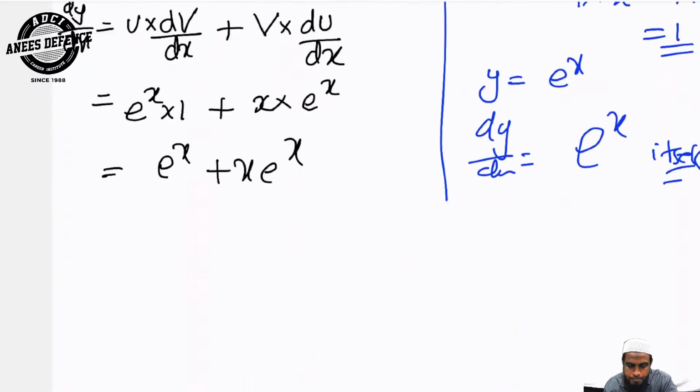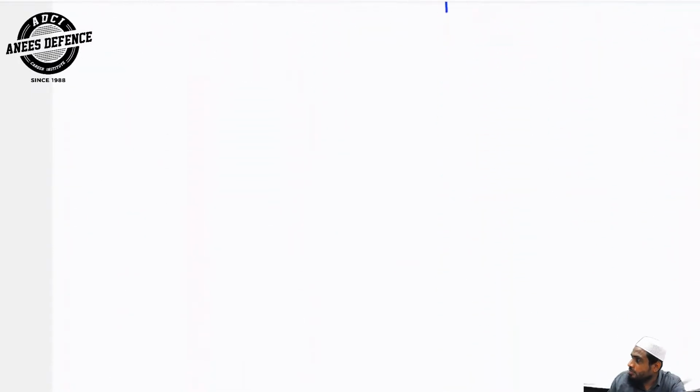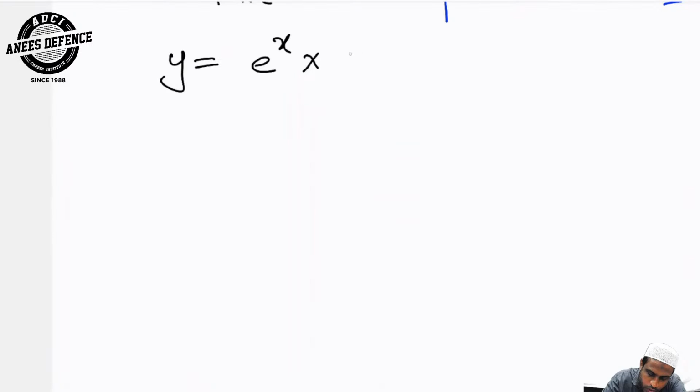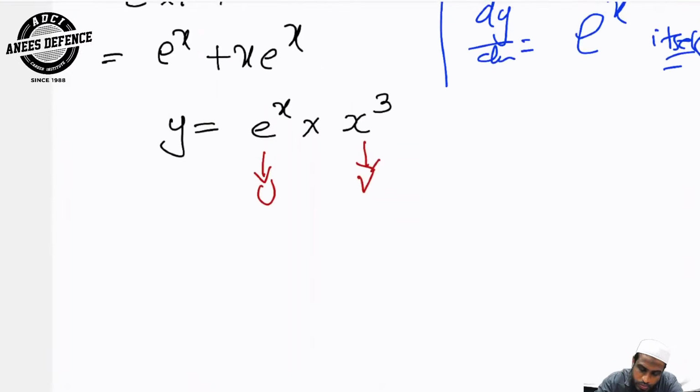Then another example I will give you. Y equal to e raised to x into x cube. Here u is e raised to x and v is x cube.